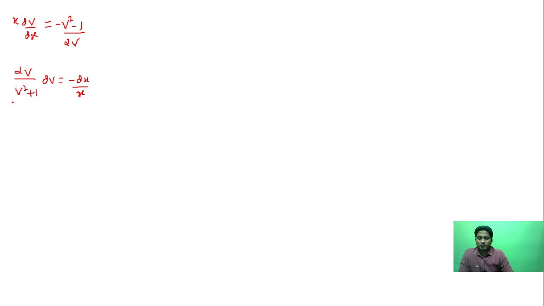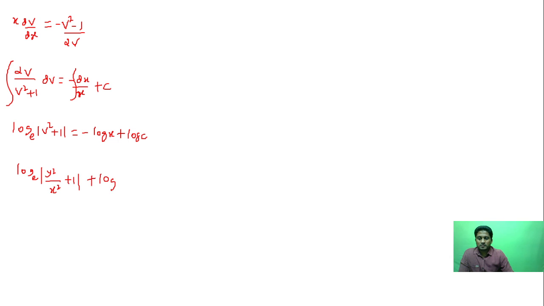Now integrate both the sides and plus the constant c. So this is log of v square plus 1, you differentiate denominator, you get numerator, is equal to minus log x, and then plus c can be written as log c. Log x, if you shift on the left side, log of v square plus 1, which is y square by x square plus 1, plus log x is equal to log c.